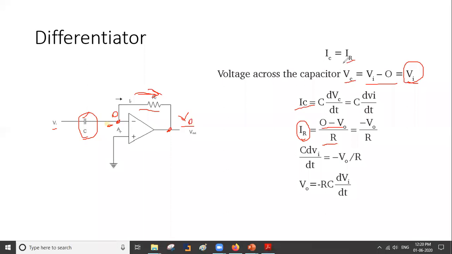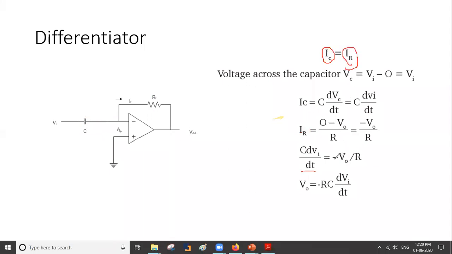Now you can substitute these two values of current in this equation. Current IC is C into dVi by dt and IR is minus V0 by R. Substitute these two values, and by rearranging you will get the value for V0, that is minus RC dVi by dt.